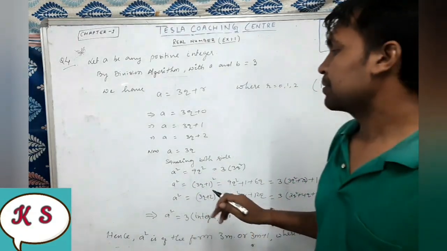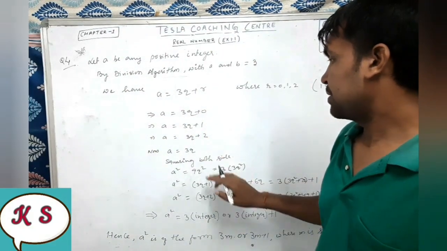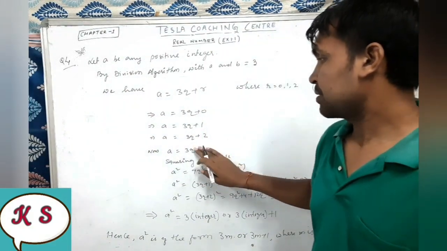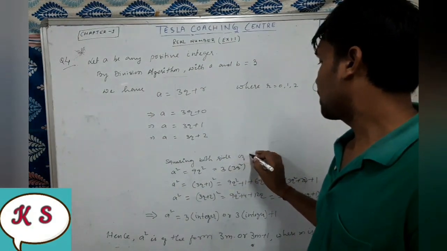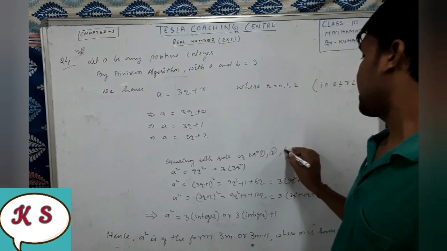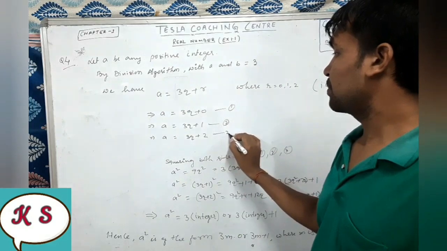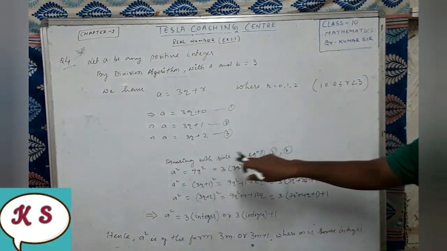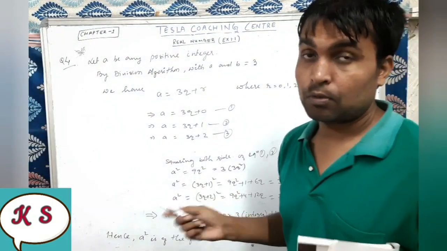Now one by one we are going to square it. Squaring both sides of equations 1, 2 and 3. Let's mark them equation 1, 2, 3. And at the same time we are taking common factors also.